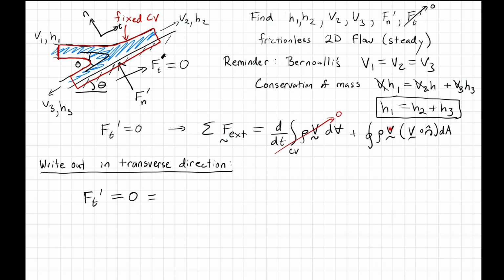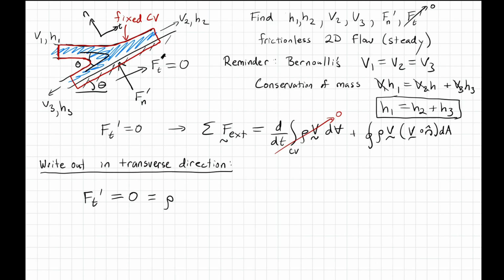We can just multiply the magnitude of the velocity times the total area. For example, at the inlet, at this location up here, the value of this integral is just rho times v.